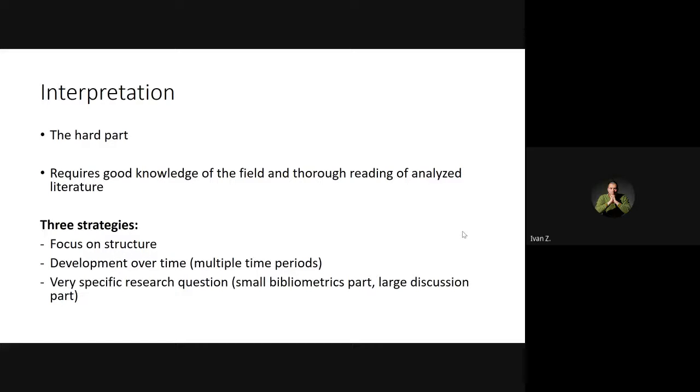So the bibliometric part would be just showing that, I don't know, maybe management journals do not cite marketing journals, but marketing journals cite management journals a lot. I'm just giving an example, not saying this is so, but this kind of thing could be true in certain literatures.